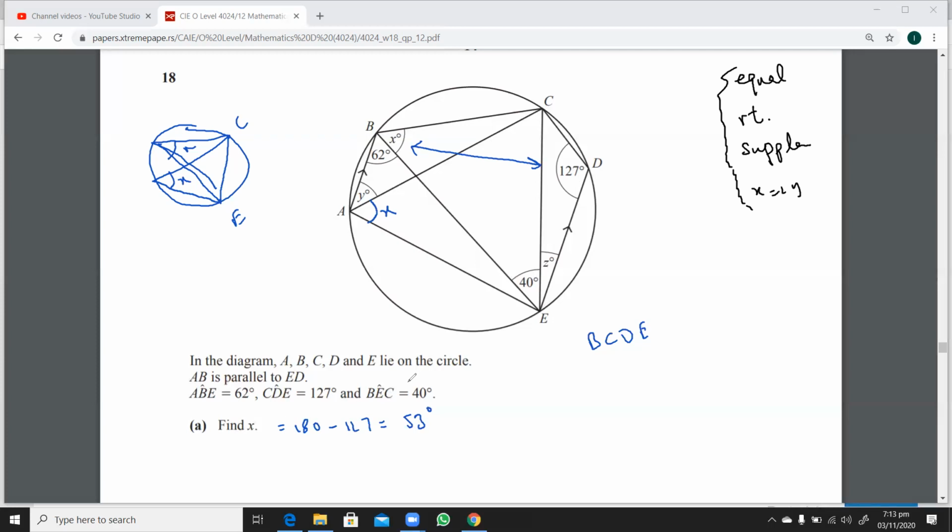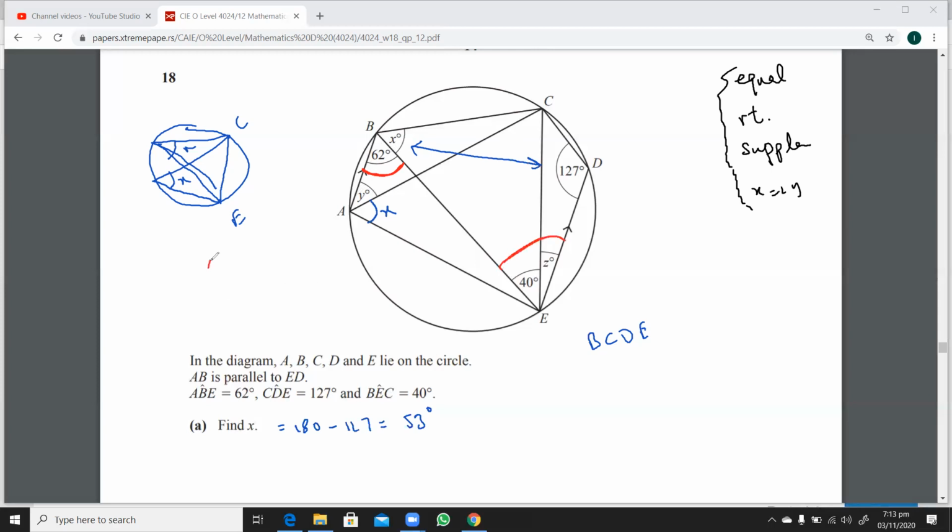Now the next thing is, if you look at this, these parallel lines. Oh yes, I spotted the parallel lines here. Can I say that this angle in red over here is going to be the same as this angle over here?